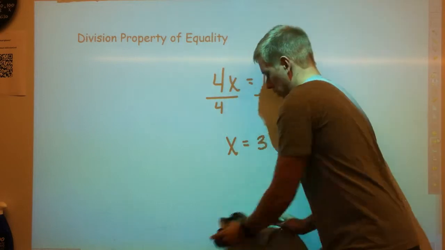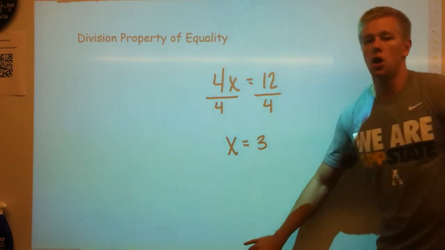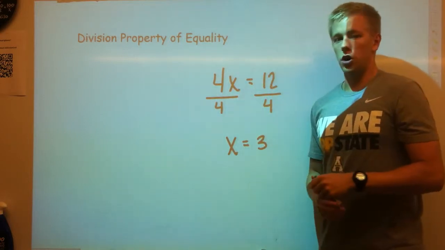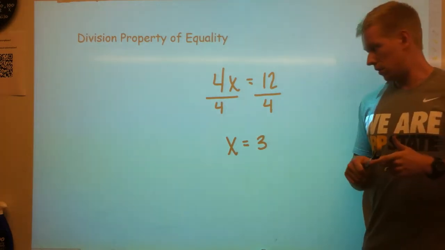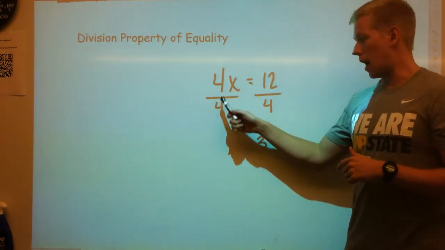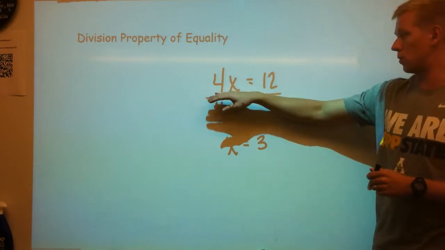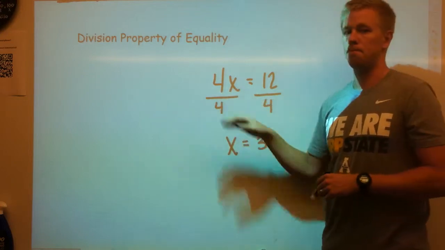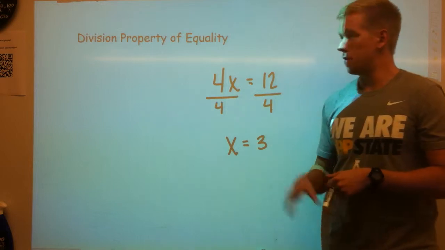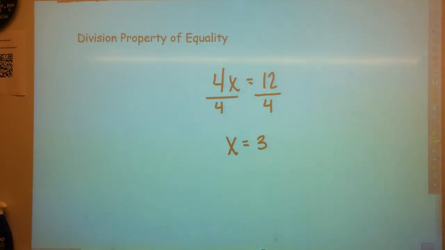So those are the four big properties. The other big thing that you just learned was the inverse rule, we always do the opposite of what's given. So the opposite of what was given here was division, because what we were given was a multiplication problem.